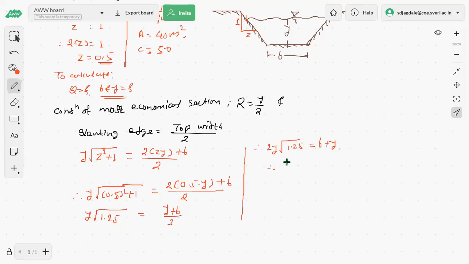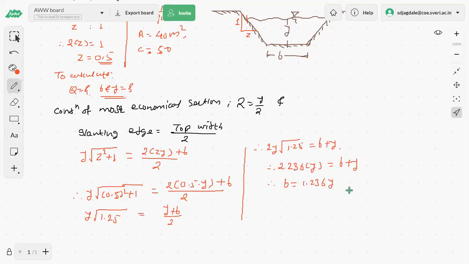Therefore, what is the magnitude? That is root 1.25 into 2, which is 2.236. Always go with three digits. 2.236 into Y is equal to B plus Y. Now take this Y to this side, so that you will get it in terms of B and Y. Therefore, B is equal to 1.236Y.